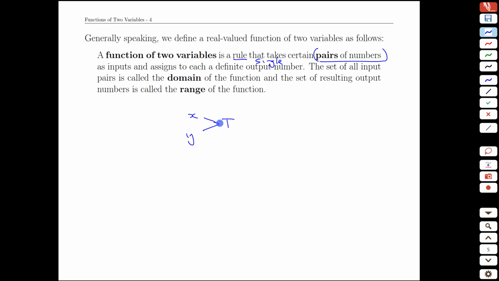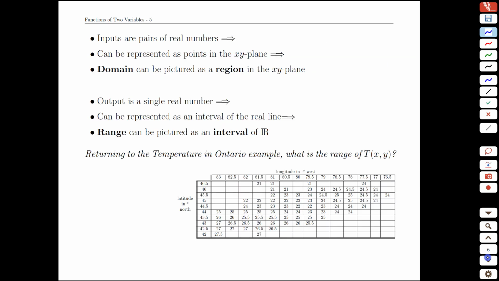The set of all input pairs is going to be called the domain, and the resulting output numbers is the range. That's the same terminology that was used when we were looking at single variable functions as well. That changes a little bit in interpretation though, because the inputs are pairs of real numbers, and so those are points that we could represent in the xy plane.